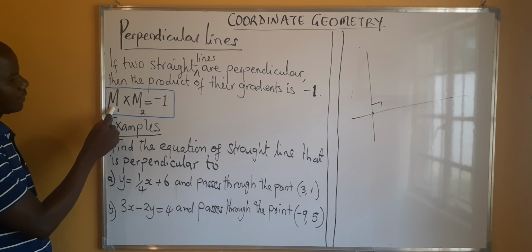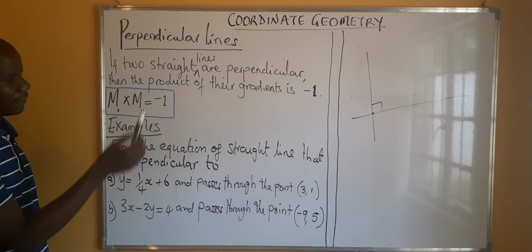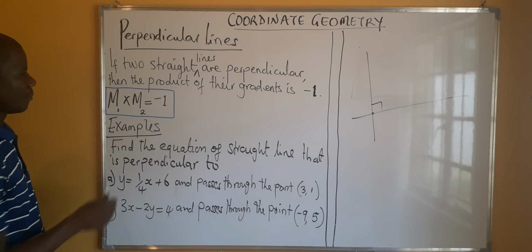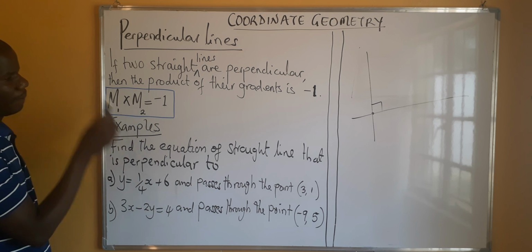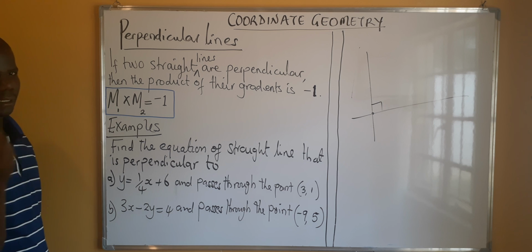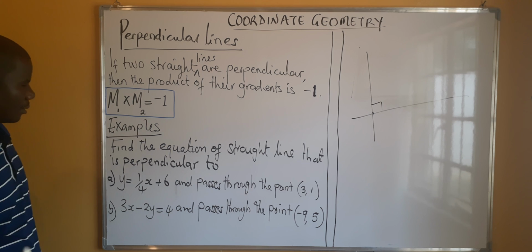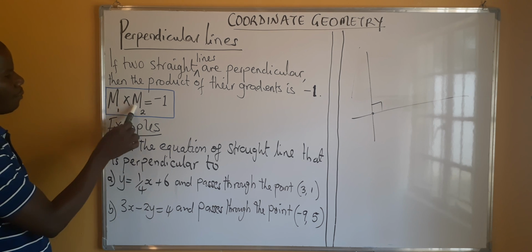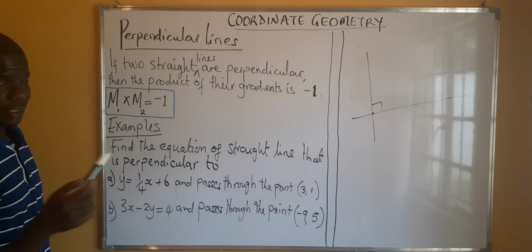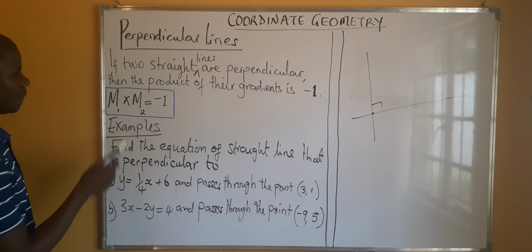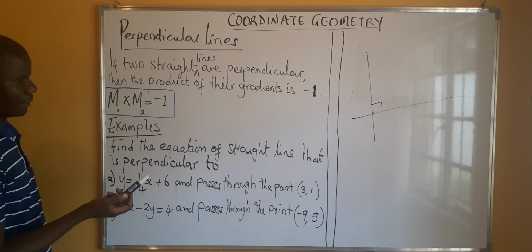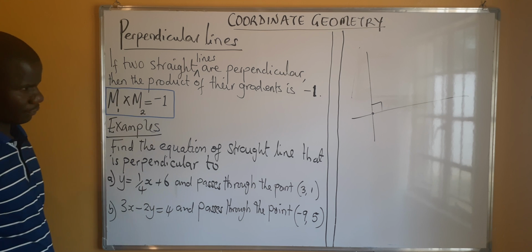This is the gradient of the first line or the first equation. This is the gradient of the second line or equation. When we multiply, a product is the answer that we get after multiplication. So when we multiply their gradients, we should get -1.